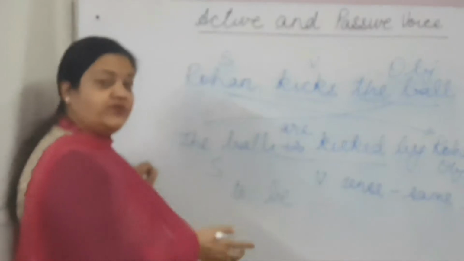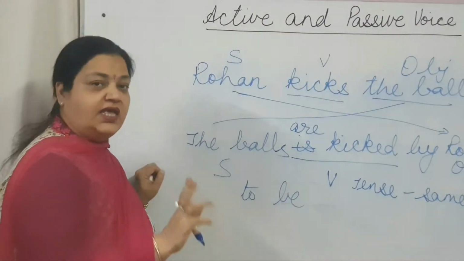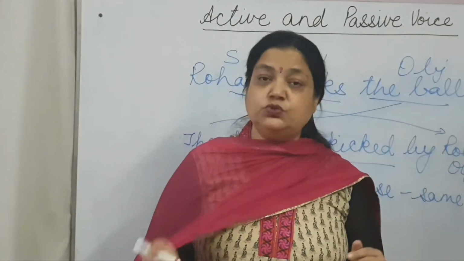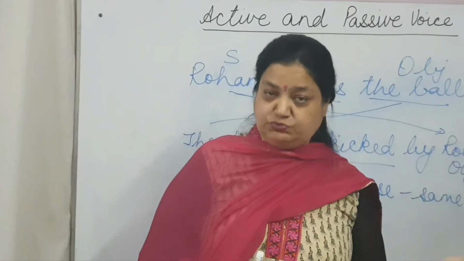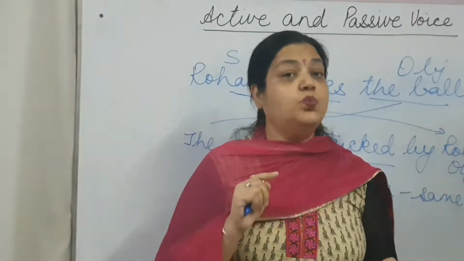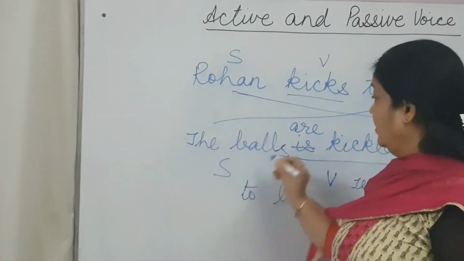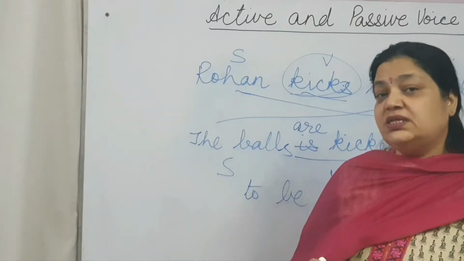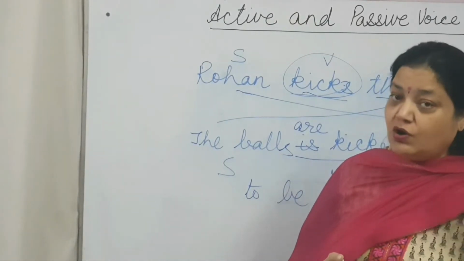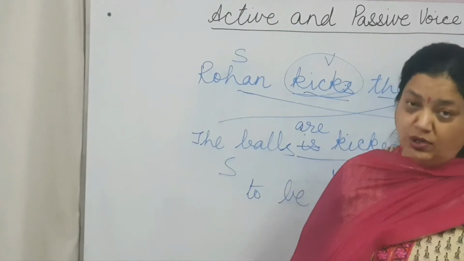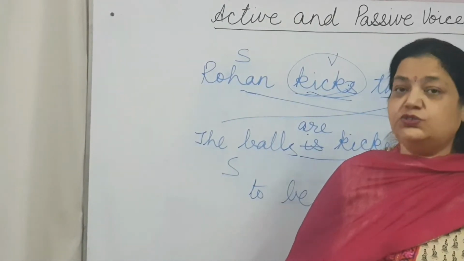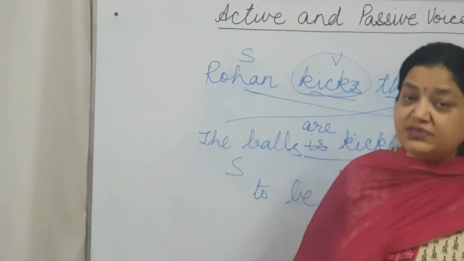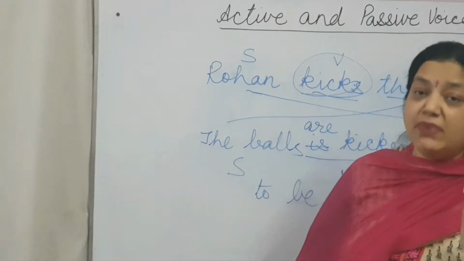And also, if any pronoun is used in the sentence, it also changes its form as it changes its place from subject to object or from object to subject. And the main verb, a very important thing, is changed to its past participle form, or the third form, which you have also studied in your tenses. These are very important things that you must keep in your mind.